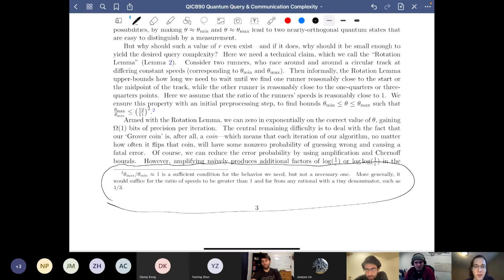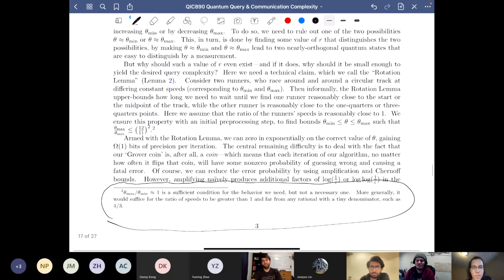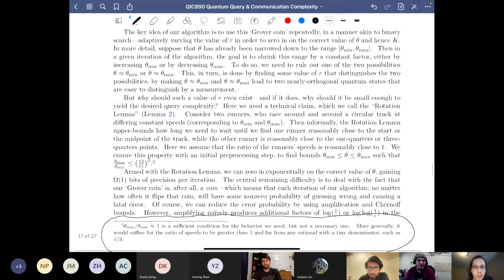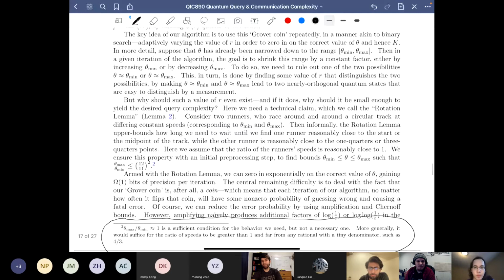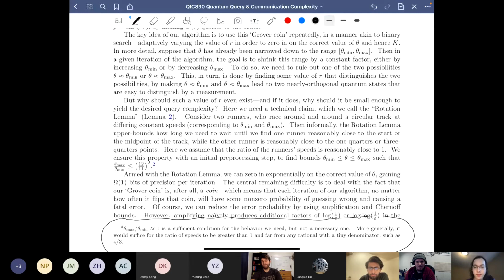And that's, I think, going to be their theta min and theta max, or something like that. Yeah, I think in the paragraph above, it says that you want to do a binary search to keep shrinking theta min and theta max until you get close to theta. Yeah, I see.